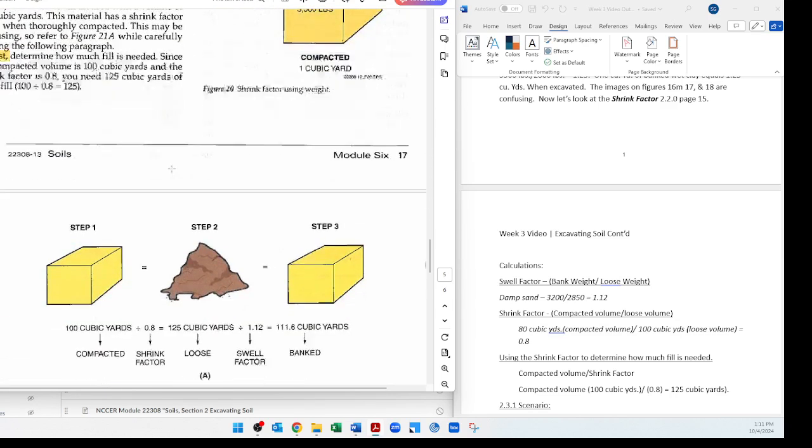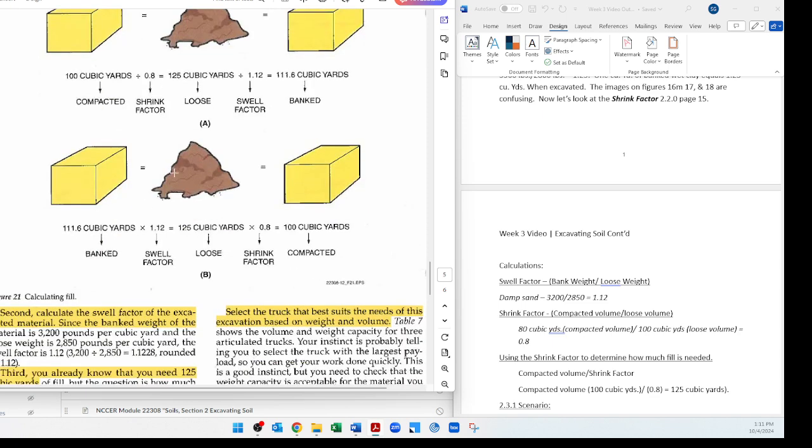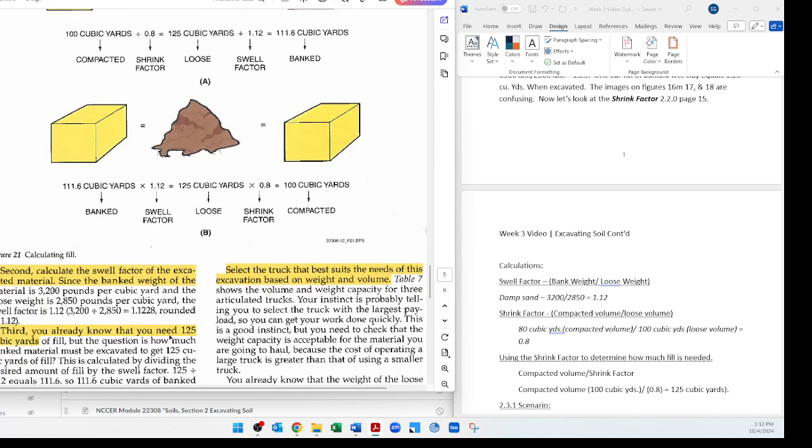First step, determine that, and then a second step is calculate the swell factor. Here you go. Third, we already know that we need 125 cubic yards, and that was determined way back early as we was going over when we first started, we took 100 and I think divided it by the shrink factor.